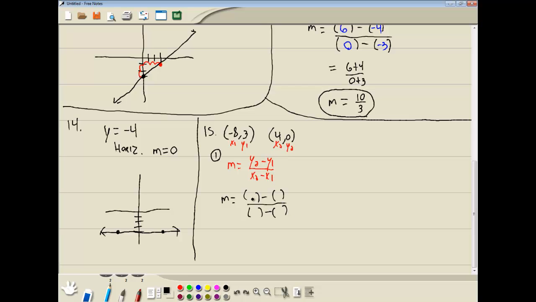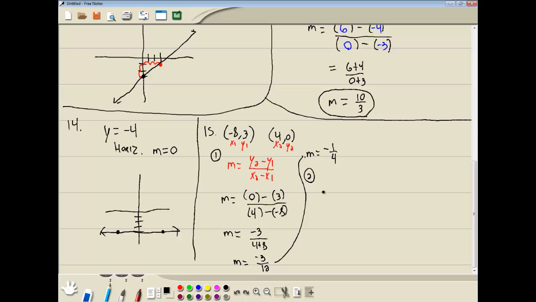We said y2 is 0, y1 is 3, x2 is 4, and x1 is -8. Well, 0 minus 3 is -3. Down here, a negative becomes positive, so we got 4 plus 8, which gives us -3 over 12, which becomes m is equal to -1/4.